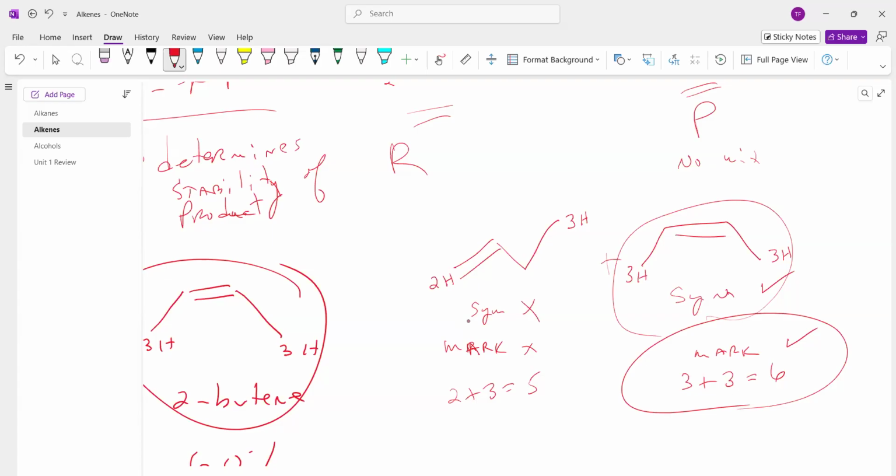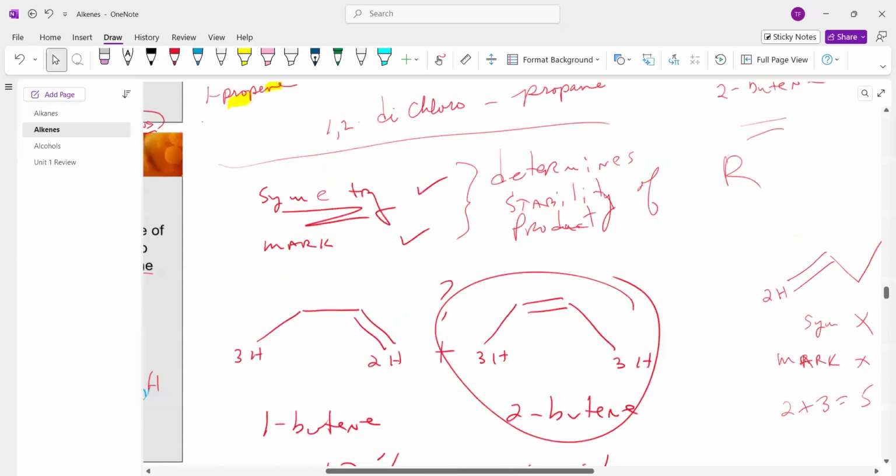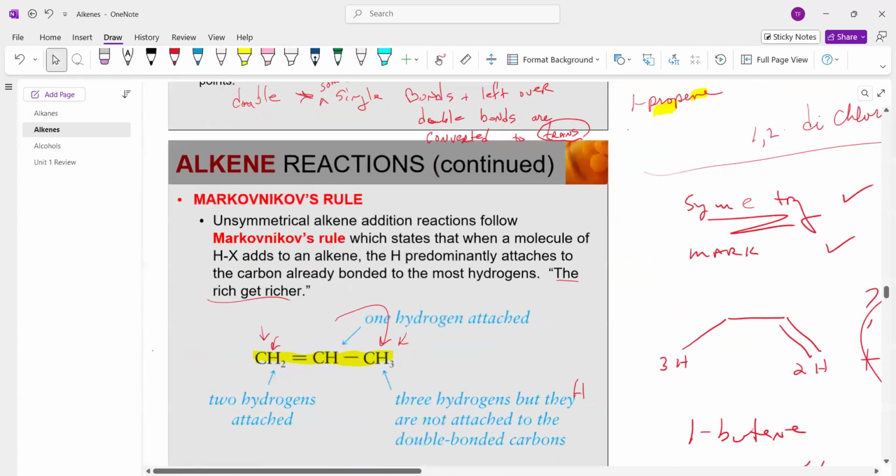So you always have 2 tests. Sometimes symmetry is a wash. Really can't tell. That's why we always do 2. So you have a symmetrical test and a Markovnikov test. Basically, we just count the hydrogens.